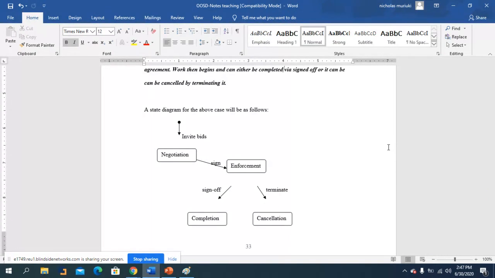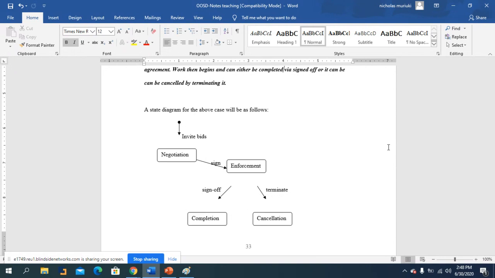So we are not interested with the person who is doing that. We are only interested with the activity that is supposed to be done, the operation that is supposed to be done, and the many aspects that we are supposed to have within the system. So that is what you are supposed to understand within the presentation of this system when you are using what you call the state diagram.